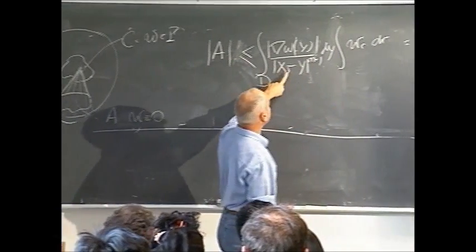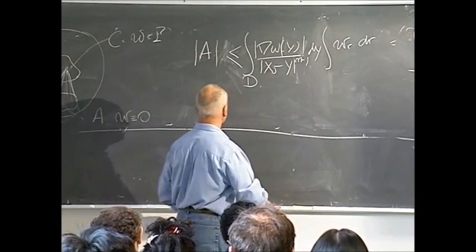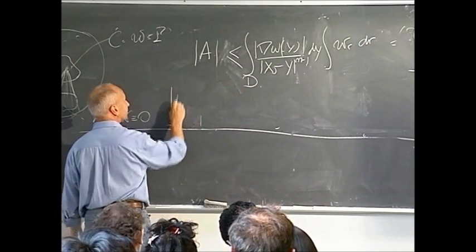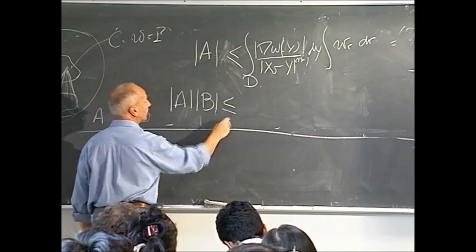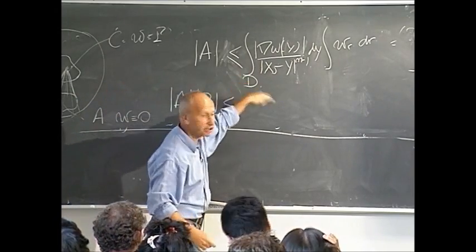And now I integrate on x0 in B. So the measure of A times the measure of B is less or equal than if I integrate here on x0.